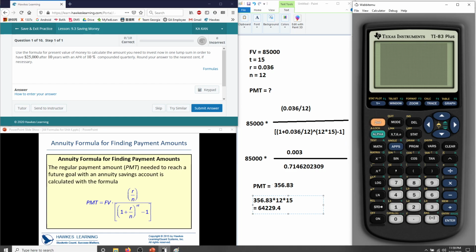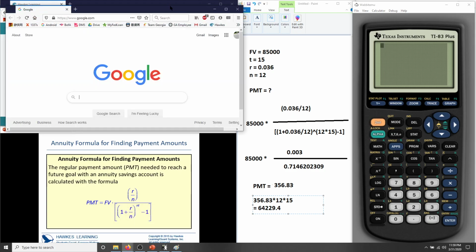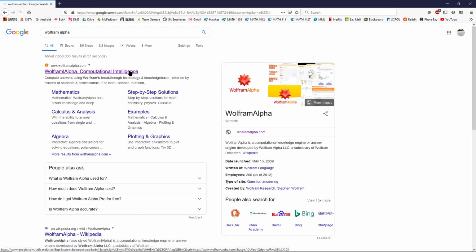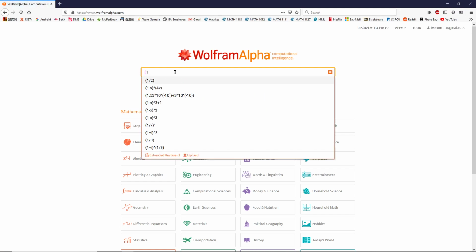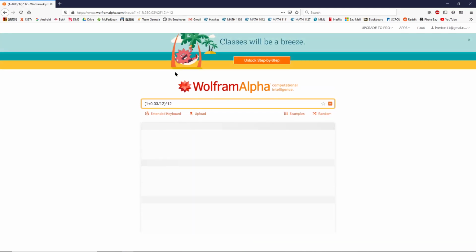I absolutely understand that. That's why you can always try some of those web calculators. I always go to Wolfram Alpha. You can type in those math problems, like 1 plus 0.03 divided by 12, and then raise it to the power of 12, something like that.